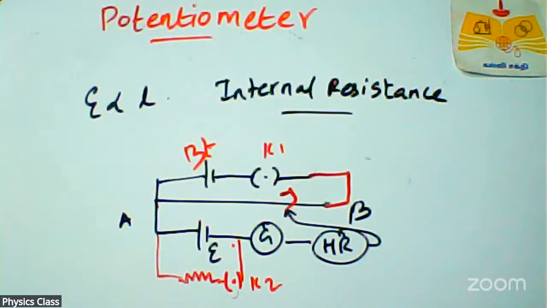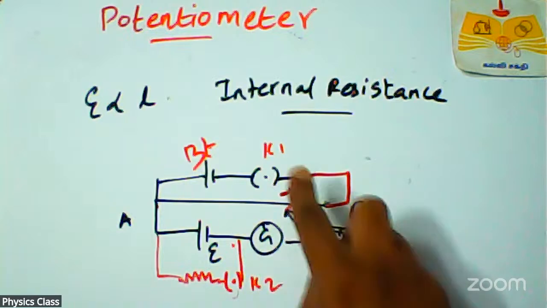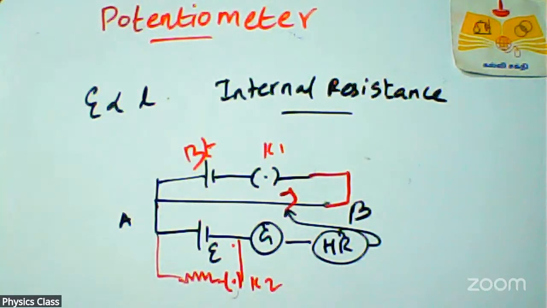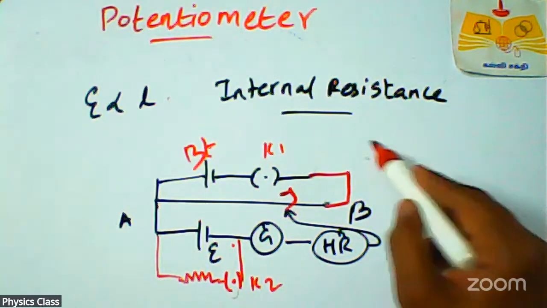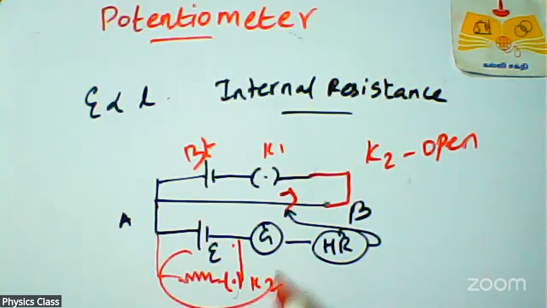The negative terminal of this cell is connected to the jockey through the galvanometer and high resistance. The resistance box is connected here, and there is a key connected here. Okay. So when K2 is open, this circuit does not include the resistance box, because K2 is open.